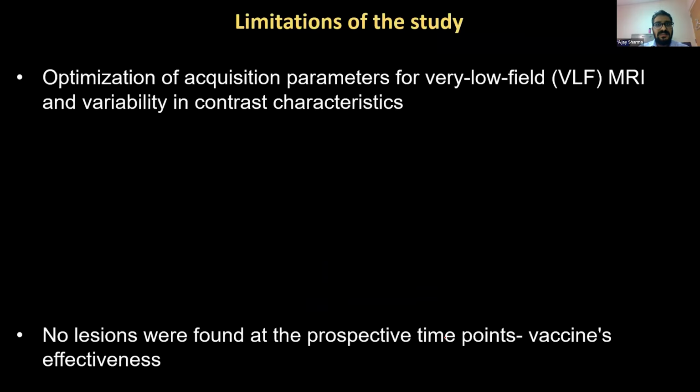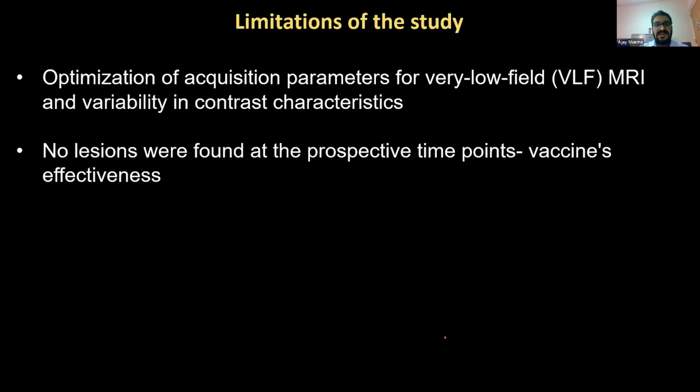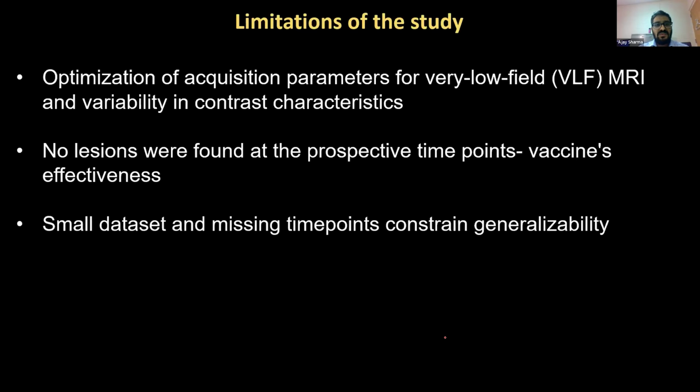If we talk about some limitations of the study, we tried to optimize acquisition parameters for very low field for the non-human primates, and although no lesions were found in the prospective time points, we are working on a small data set of about 50 data points, for 7 to 8 time points in the retrospective data for 3 NHPs, and for prospective, we have 10 NHPs with 5 time points each.